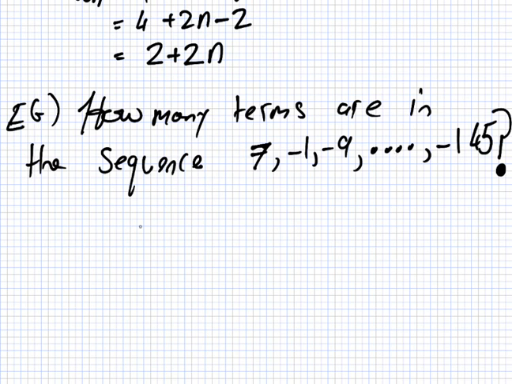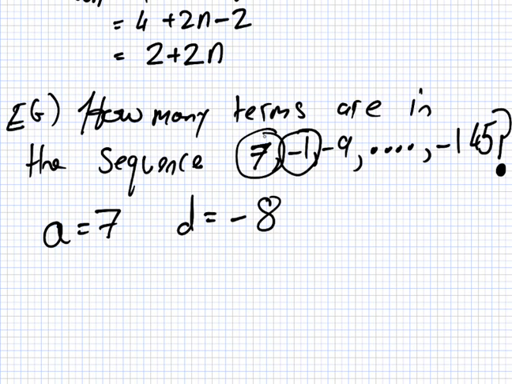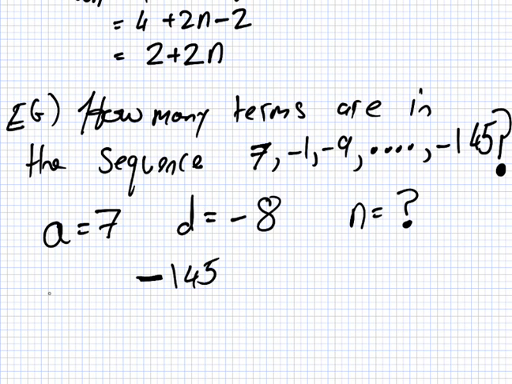So firstly, what's the A? 7. And the D? Minus 8. Now, if you're not sure how to get the D, you can always get it by doing the second number minus the first number. This will give you the D. Anyway, what's the n? We don't know. But we do know what the last term is. It is minus 145. That's the nth term.